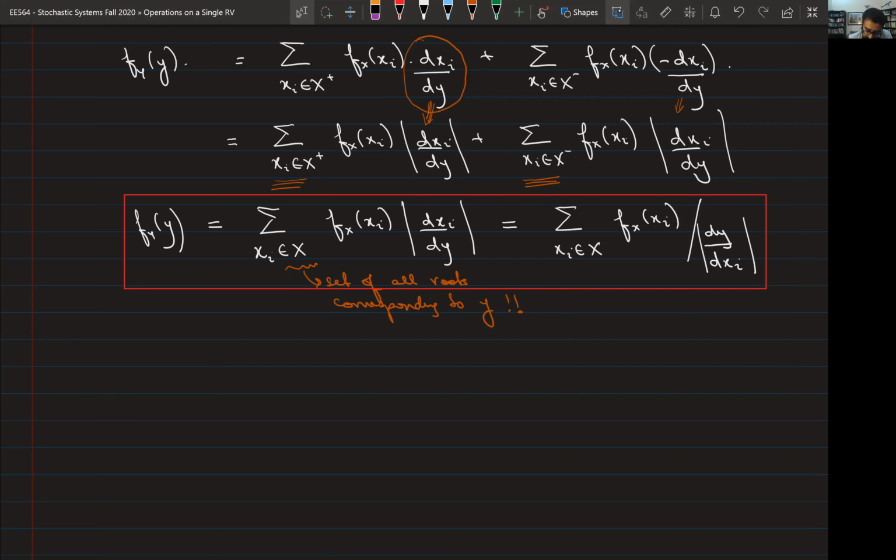So this is applicable when the number of roots is countably infinite, up to, right? Not applicable to uncountably infinite roots. Okay. So example later.